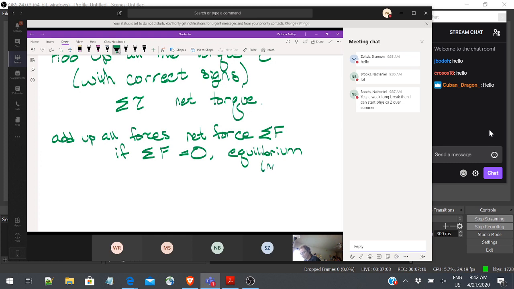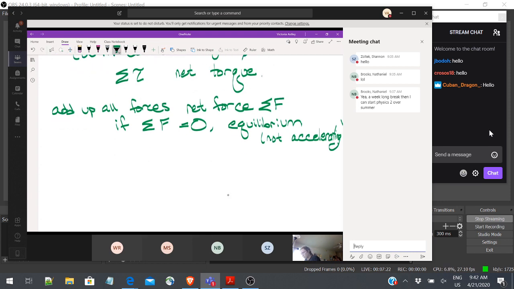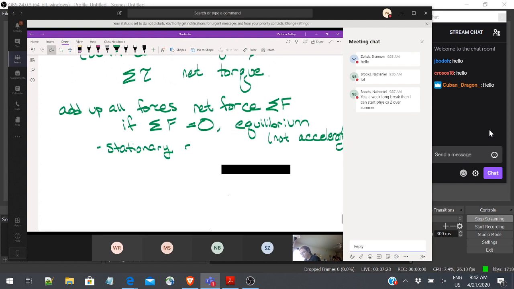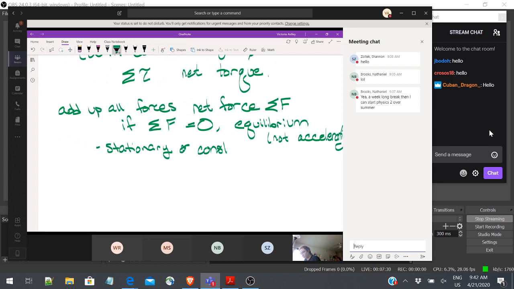Equilibrium meant that it was not accelerating, that it was either stationary or moving with a constant velocity. And specifically, if it's stationary, that was static equilibrium.